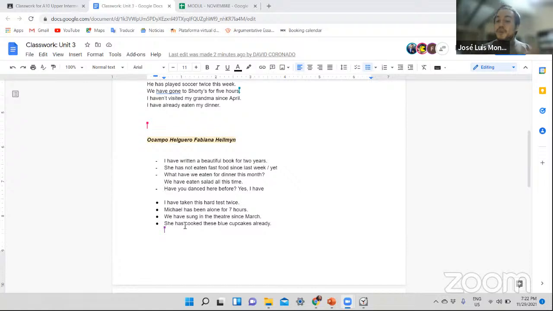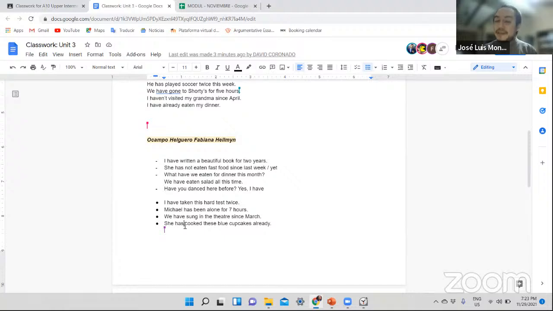But in a situation when someone is really expecting you to do something else, you can use it at the end. So again, when you use it between has and cooked, it's to inform that you have already done that action, that you did it before.